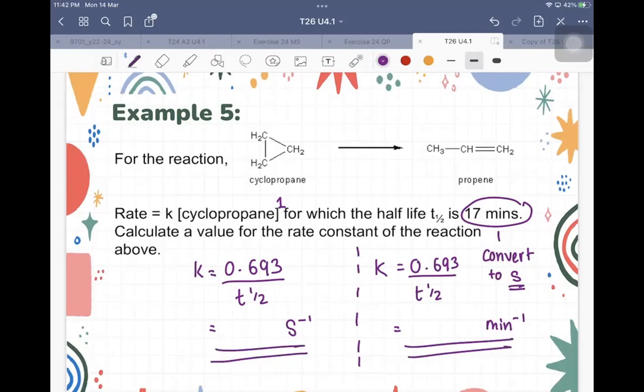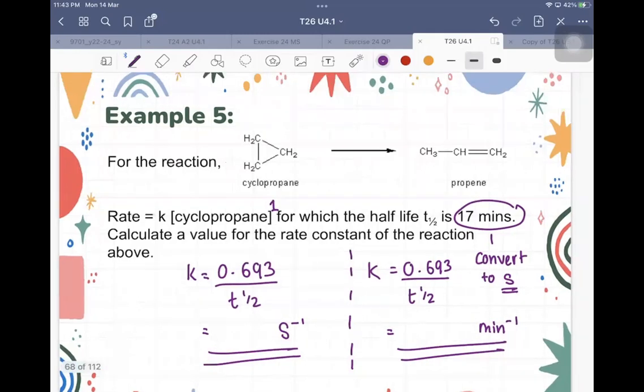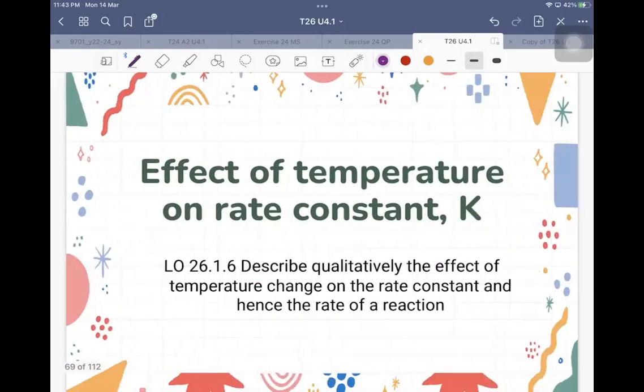If you want your rate constant K to have a unit of second minus 1, you change your minutes to seconds. If you want the unit of K to be minute minus 1, then you just take 17 minutes. Okay, work that out, and then you can put the answer in the forms later on.